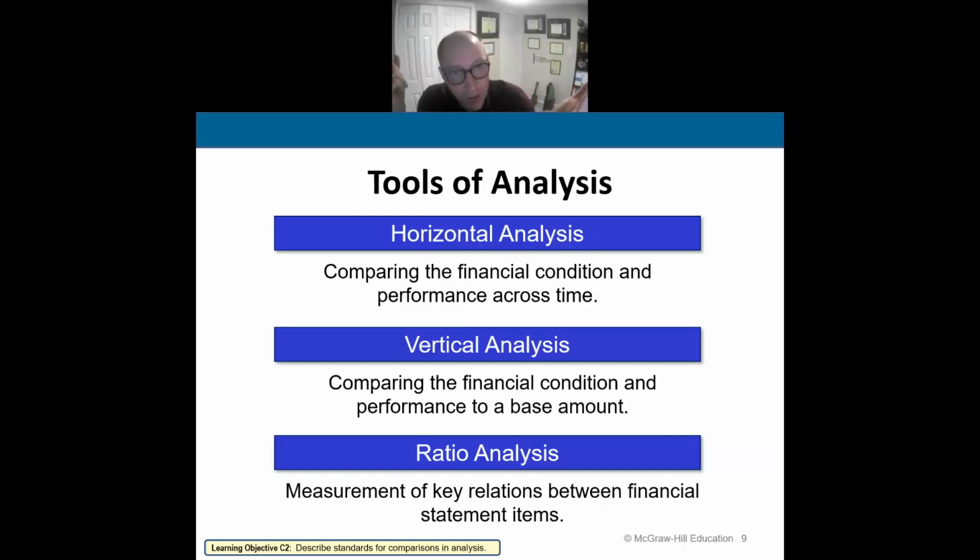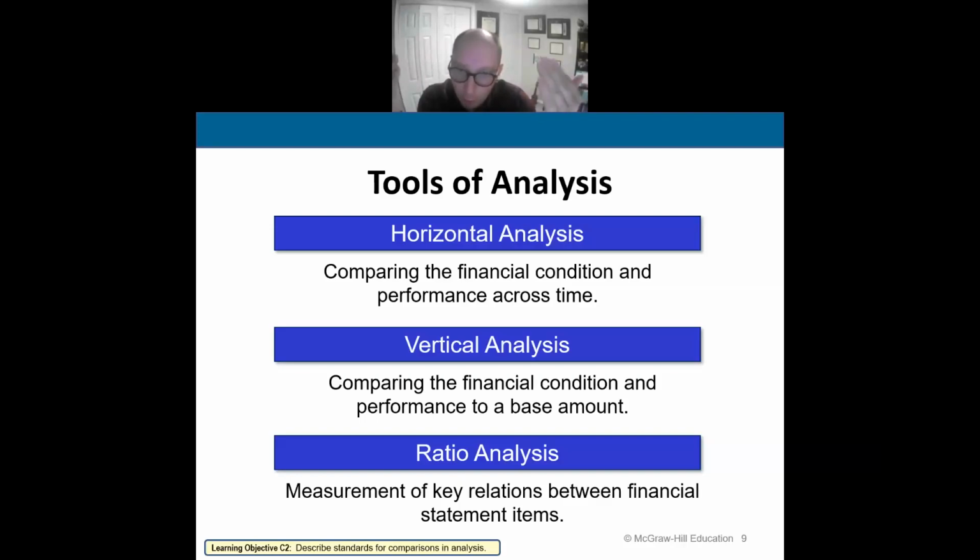Marriott reports their amounts in thousands on the financial statements, and Choice Hotels reports their amounts in tens of thousands on the financial statements. Okay, so they visually look different.